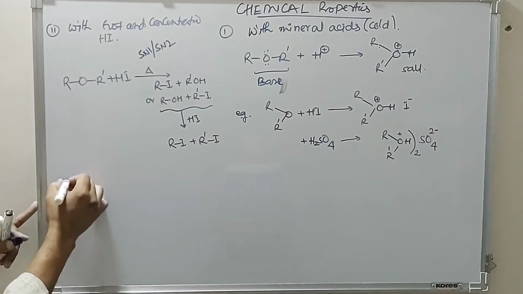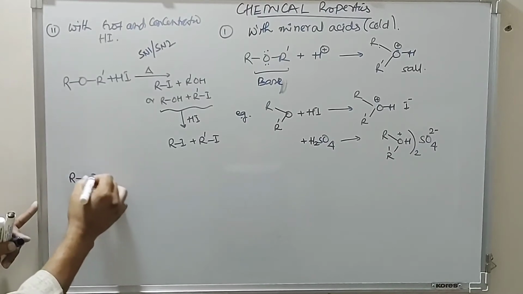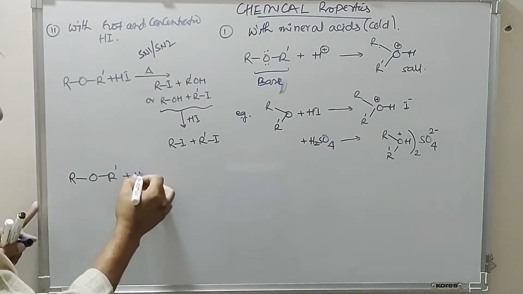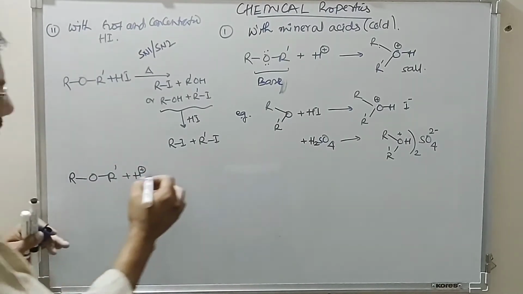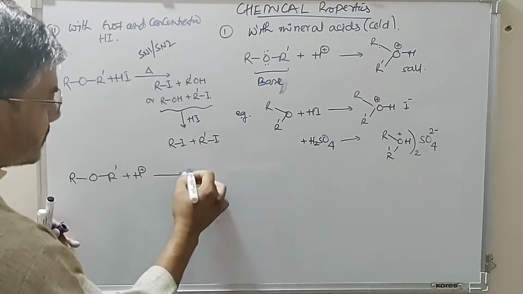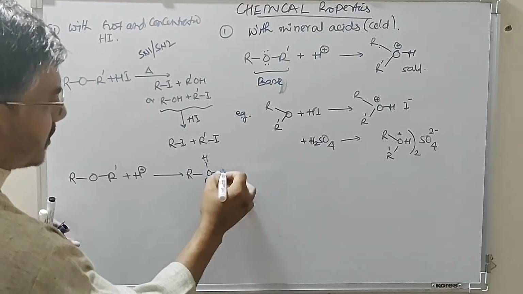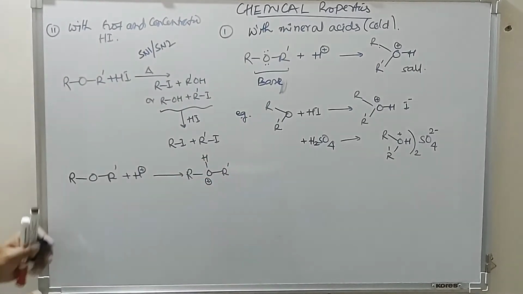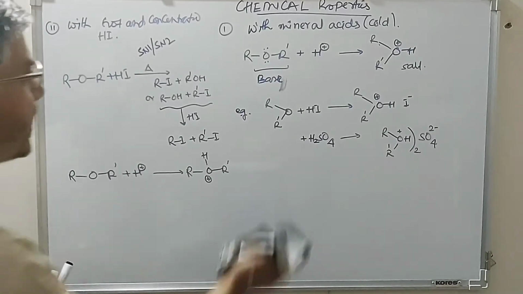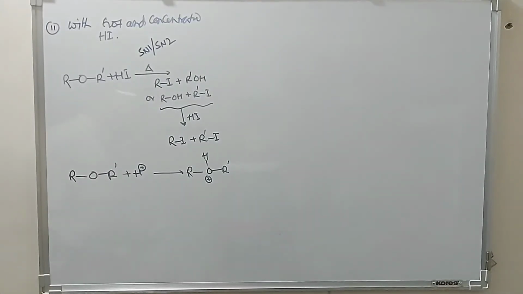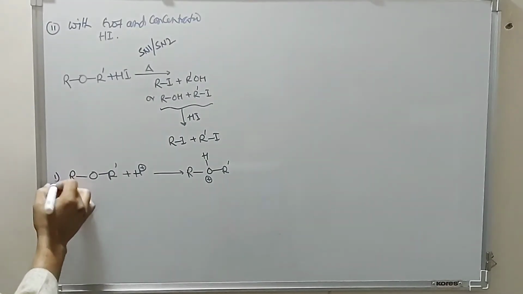So look at this. We have this ROR prime. First this reacts with H plus ion from HI, giving the protonated ether, which then gives ROH plus R prime plus. These may undergo SN1 or SN2 depending on the groups. So this is step 1.